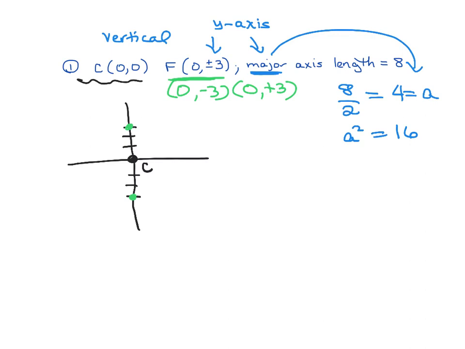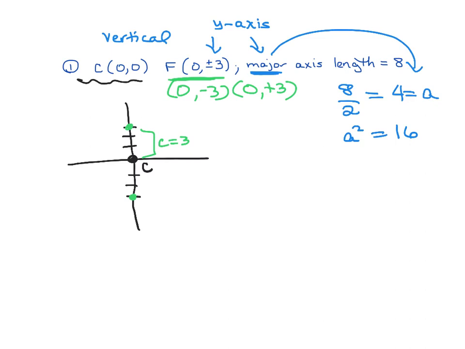So I've already got my focus points, and my C value is going to be the distance that the focus point is away from the center, and I can see that my C value here is 3, and then I'm going to need that C value in order to find my B value, or my B squared.